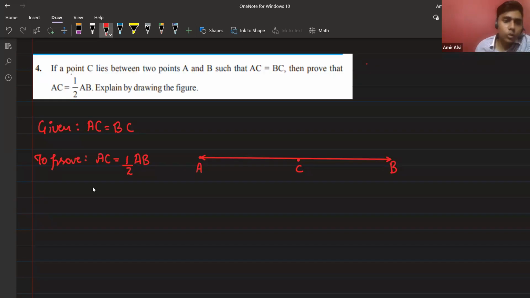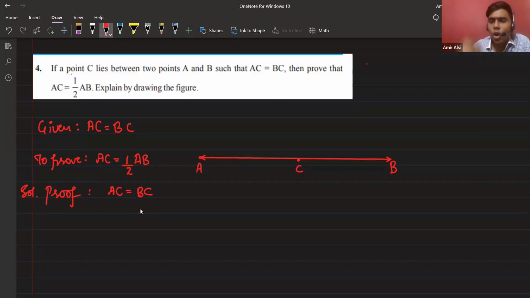Now tell me, Simran, just a second, see here. Proof: the question is saying that AC equals BC. If we add equals to the same side, the answer will be equal. First axiom, not first, I think it's fourth.